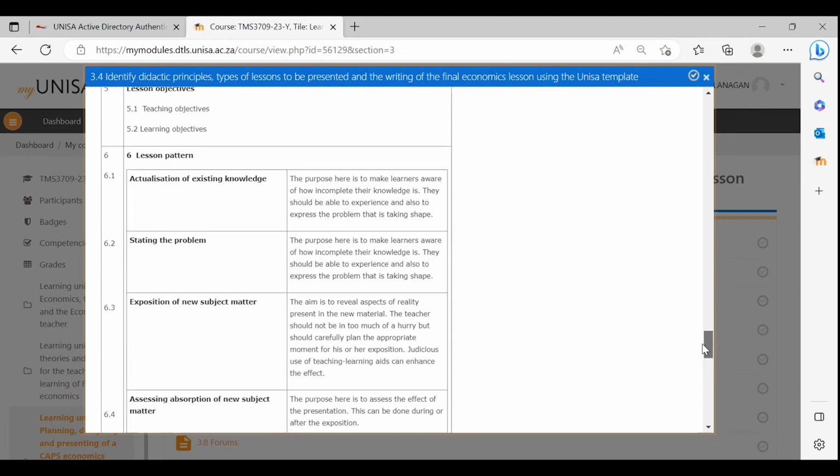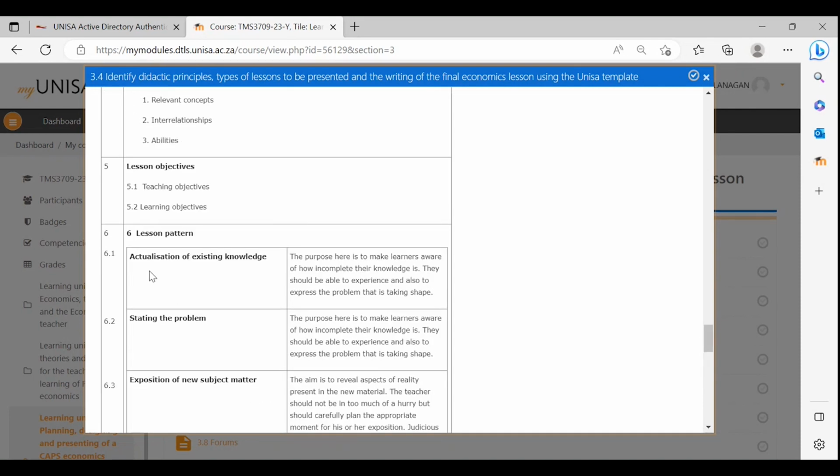So in terms of the lesson plan for your assessment, remember that you need to make sure that you understand this section here, actualization of existing knowledge. I think in the assessment, they give you a topic against which you need to explain this.